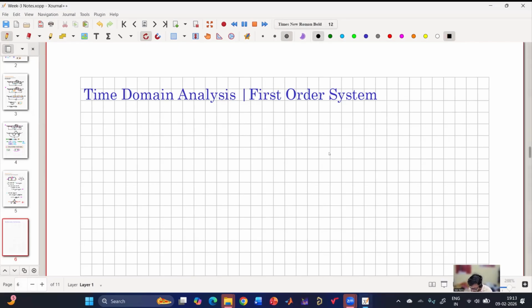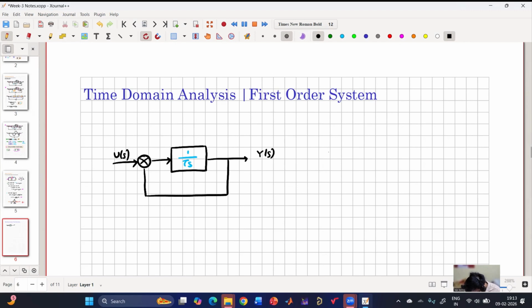So let me consider the block diagram of a system which has a transfer function of 1 by tau s with a negative feedback. So this is my y of s, this is my u of s. And there is a negative gain, minus 1, gain 1. So now what is my y of s by u of s?